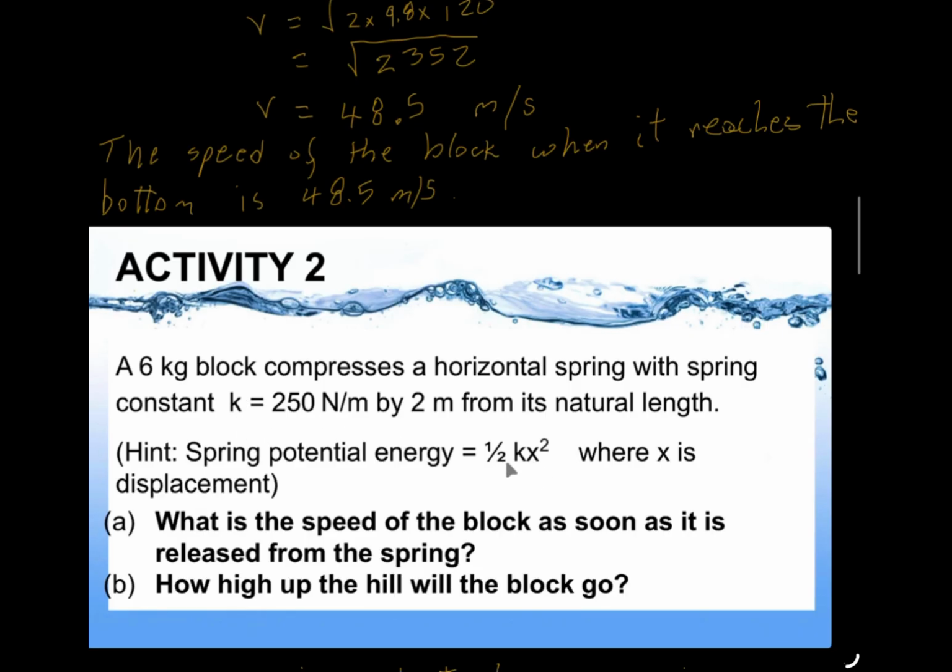So it's half spring constant times displacement squared. We're asked to find what is the speed of the block as soon as it is released from the spring, and how high up the hill. We're not told about a hill in here, so we assume it's just going upwards, but it says up a hill here. Where does the block go?